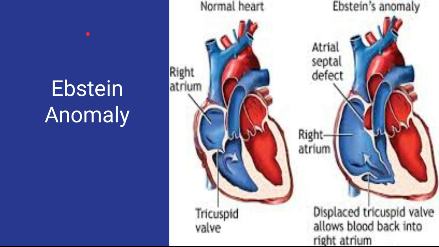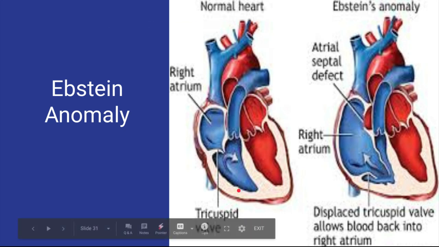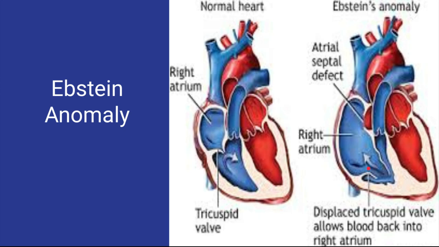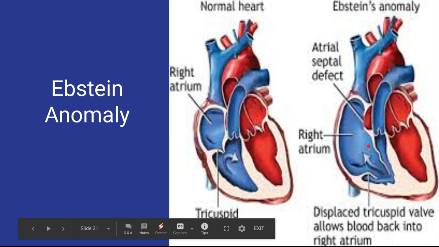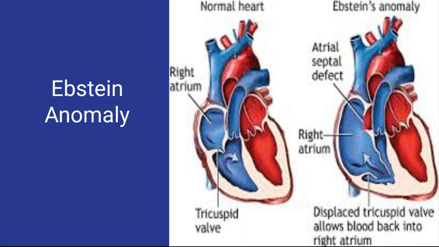Next is Ebstein anomaly. In Ebstein anomaly, the atrioventricular wall of the right side, the tricuspid valve, is displaced downwards, and there is atrialization of the right ventricle.